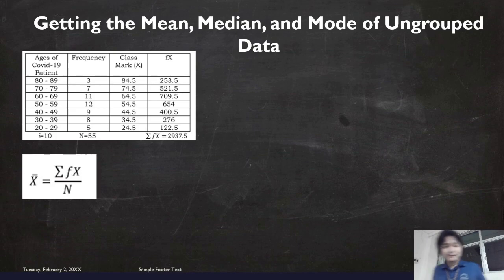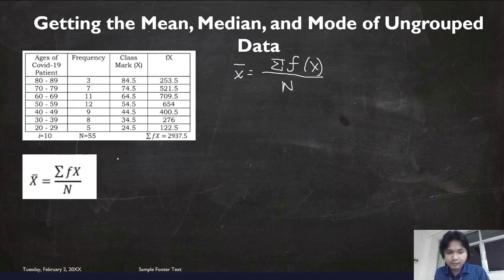So we proceed to getting the mean. Using the formula, capital X bar equals summation of fX over N. We already have the summation of fX, which is 2,937.5, over 55, the total frequency.